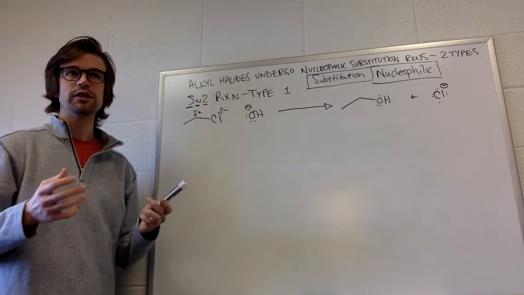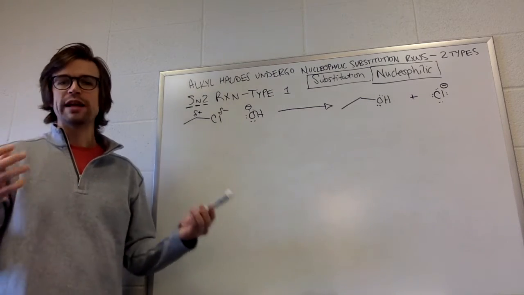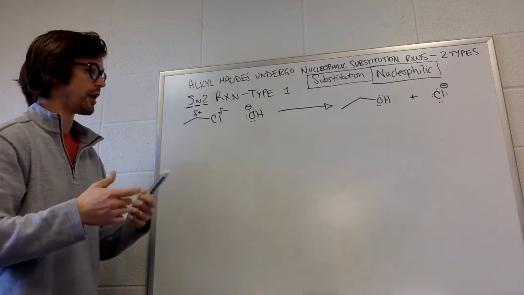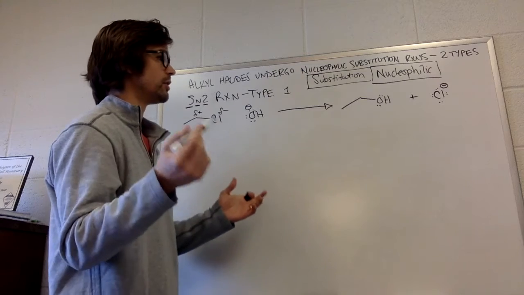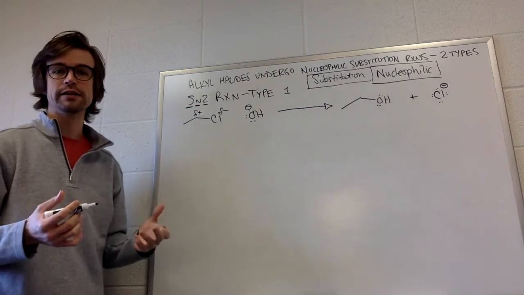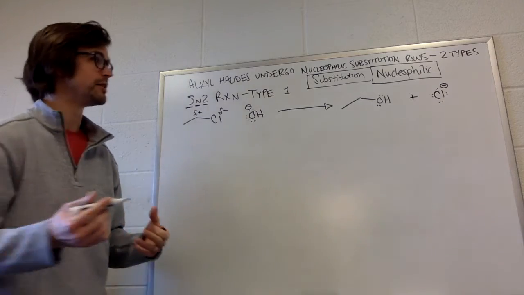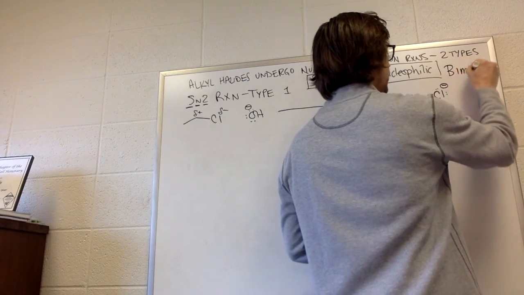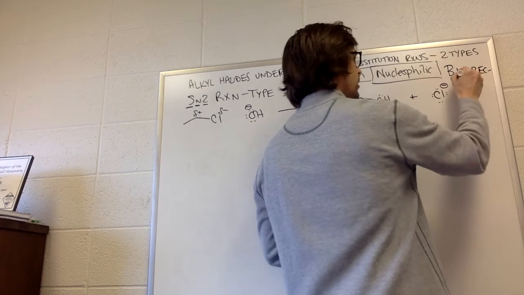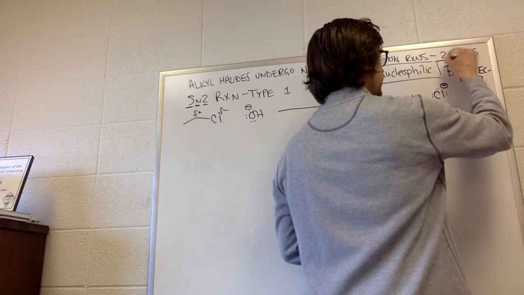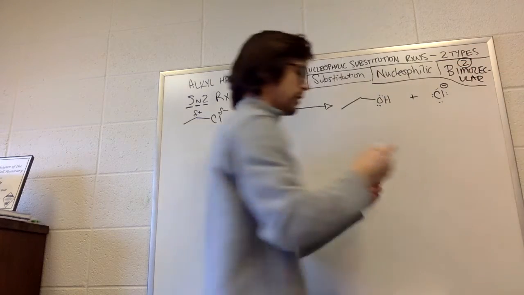Essentially, how many reactants are involved in the rate determining step? In an SN2 reaction, 2 reactants are involved in that rate determining step. So the 2 stands for bimolecular.